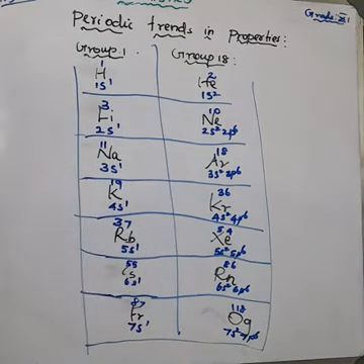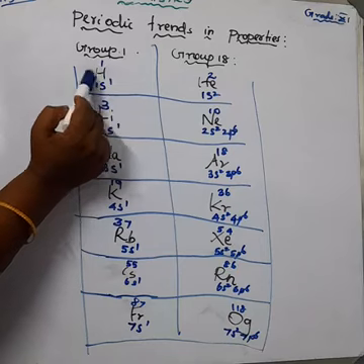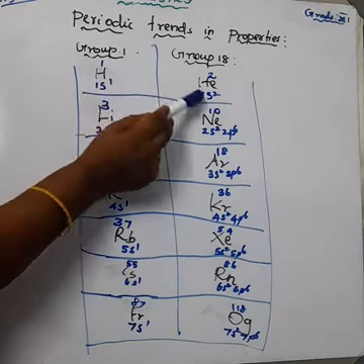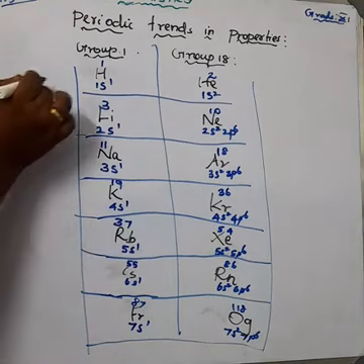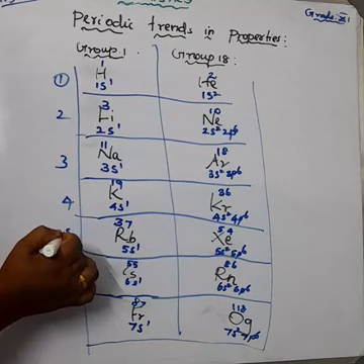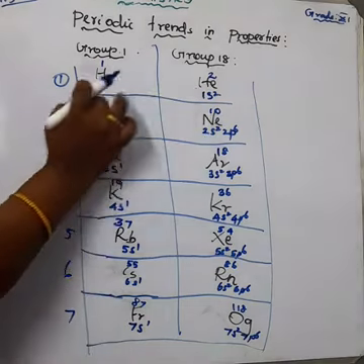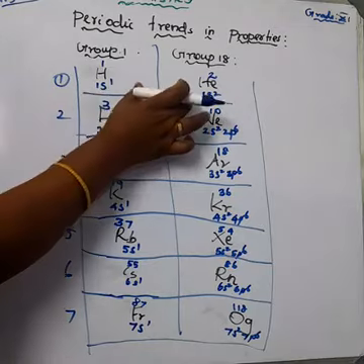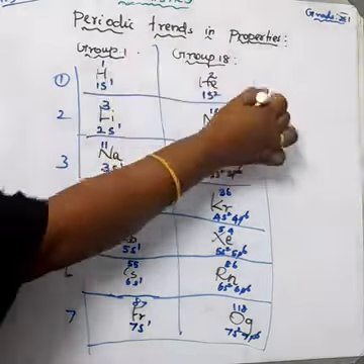For example, hydrogen to helium is the first period, lithium to neon is the second period, sodium to argon is the third period. Between hydrogen and helium the atomic number difference is 2, hydrogen 1, helium 2.